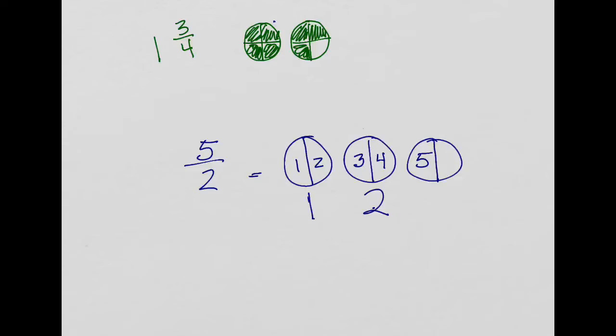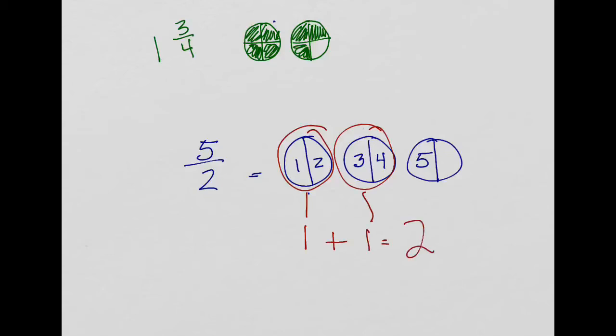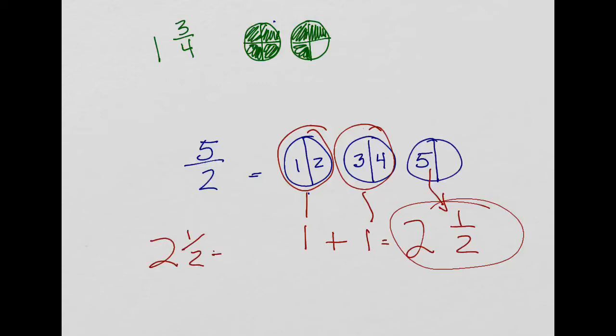So, okay, let me see if I can explain it to you better here. Let me erase this. Okay, so this one here is 1. This one here is also 1. So 1 plus 1 is 2 and 1/2. 2 and 1/2 equals 5 halves.